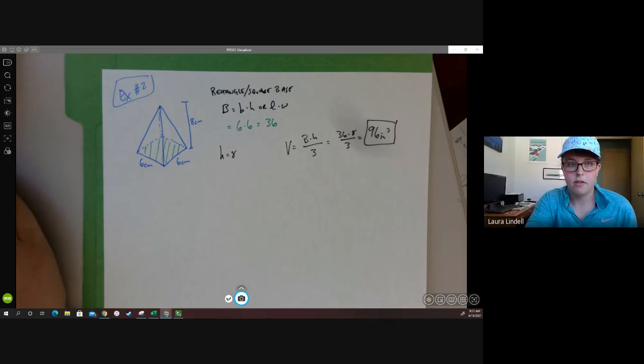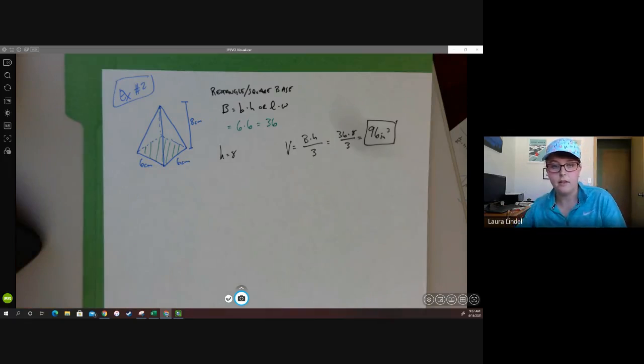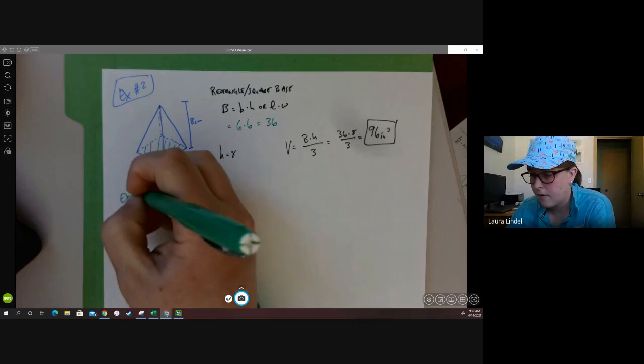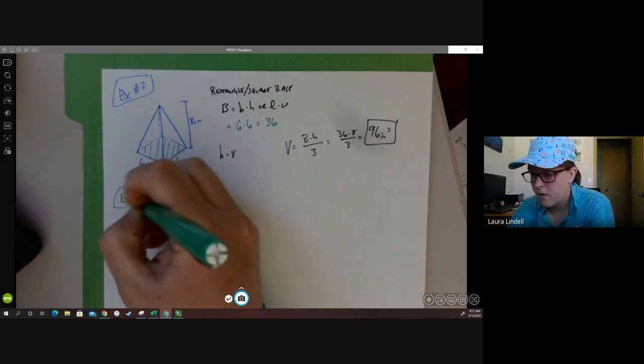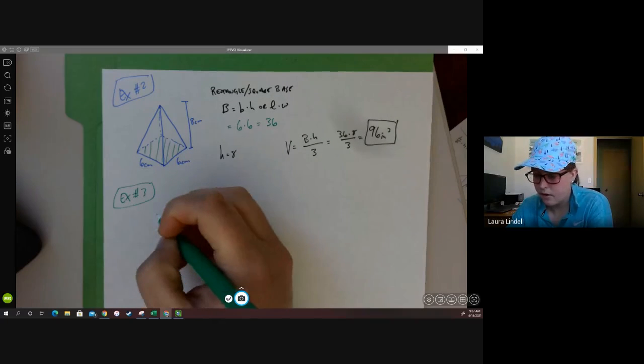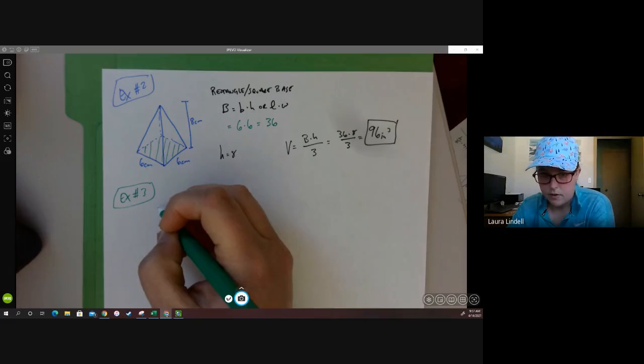Okay, so the last different scenario that we'll see is one with a triangle base. So it shouldn't be all too different except for the difference in the base formula. Okay, so let's see here.